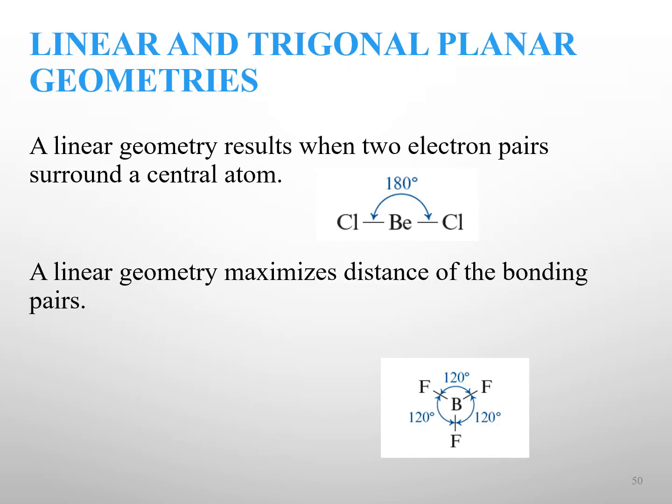So we'll first start by looking at linear geometry and trigonal planar geometry. Linear geometry is when you need to spread out 2 electron pairs, or we call them electron groups, around a central atom. So if beryllium has to spread out Cl and Cl, it's like beryllium likes one Cl and likes the other Cl, but the Cl and the Cl can't stand each other, so they need a lot of space away from each other.